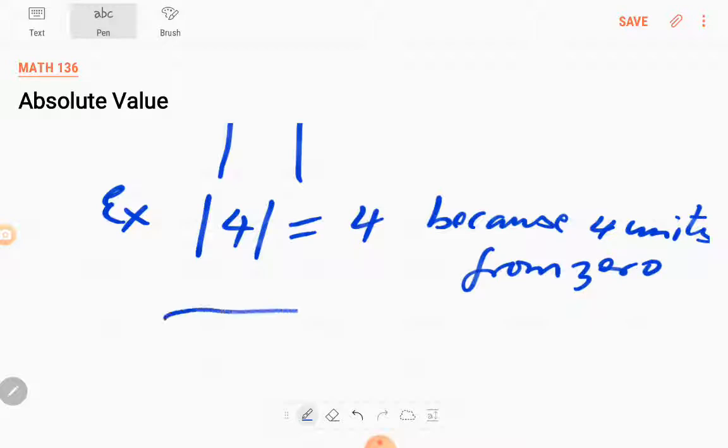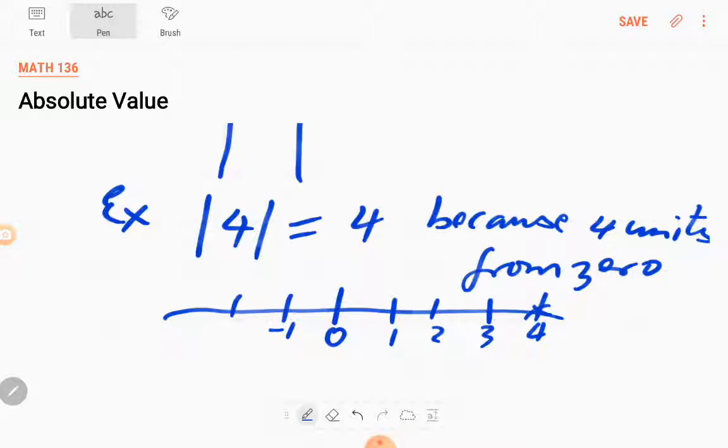So if we look at the number line, say here 0, 1, 2, 3, 4. So this 4 over here, it's 4 units from 0. But if we look at negative 4, that is also 4 units from 0.